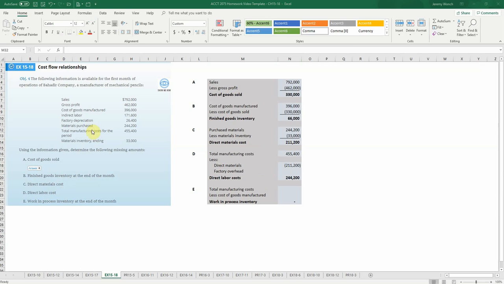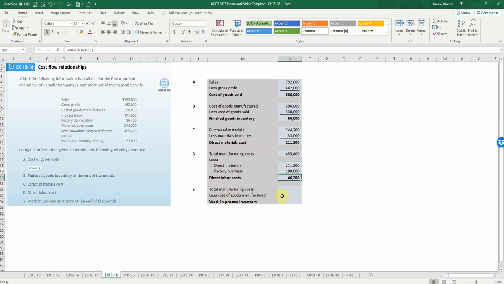Oh, okay, they give it to us in chunks here. So our factory overhead is going to be made up of our indirect labor of 171,600 and our factory depreciation of 26,400. If we take our total manufacturing cost and subtract out direct materials and factory overhead, that will give us our direct labor cost of 46,200.